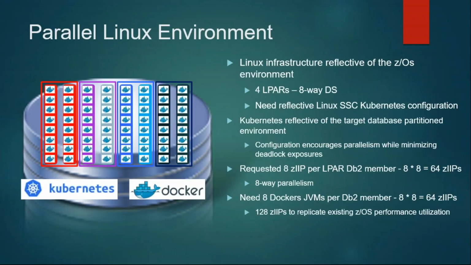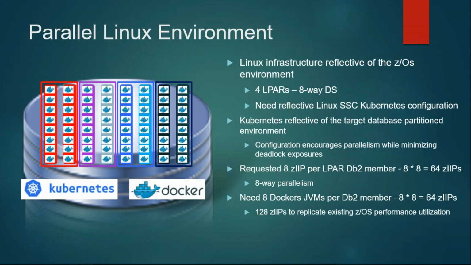So what this looks like, if we're going to try to mimic the parallel environment: I've got an 8-way data sharing system. I need to have one zIIP processor per LPAR, and I want to get 8-way parallelism, so I need 64 zIIPs for each particular LPAR, and then I do that across 8.